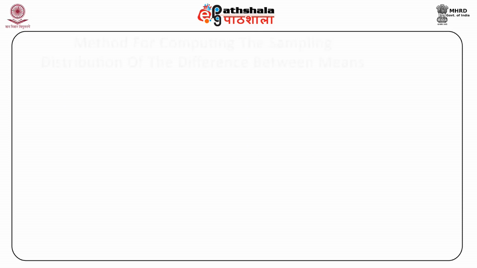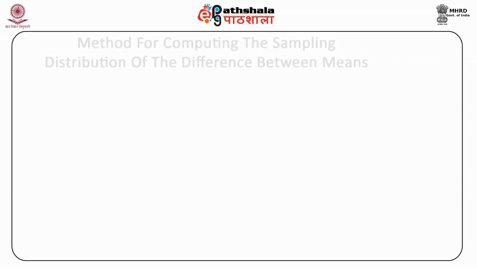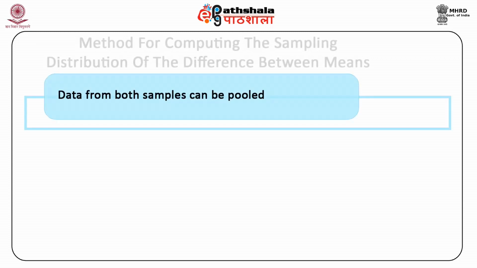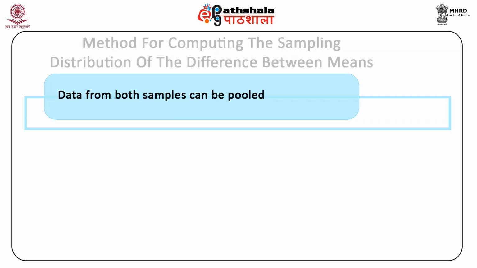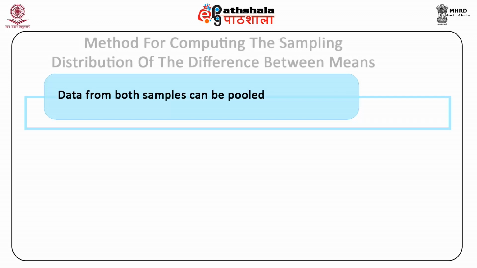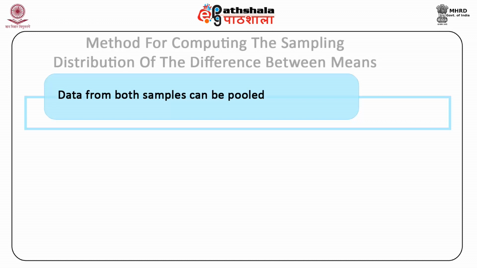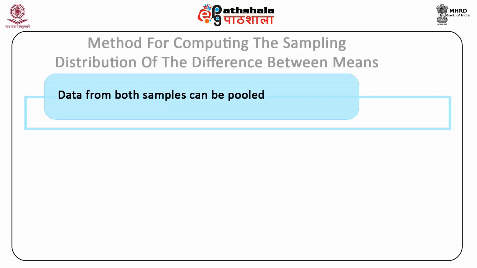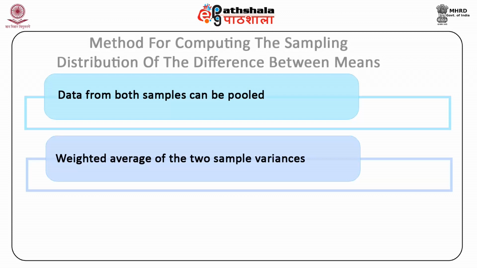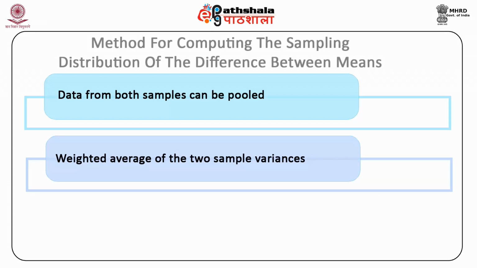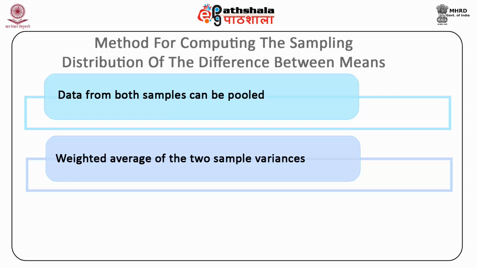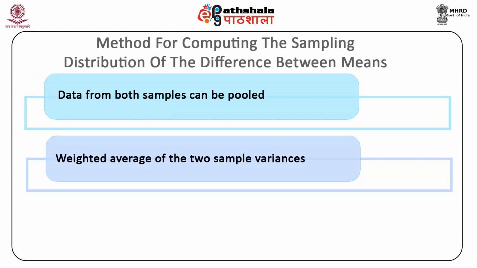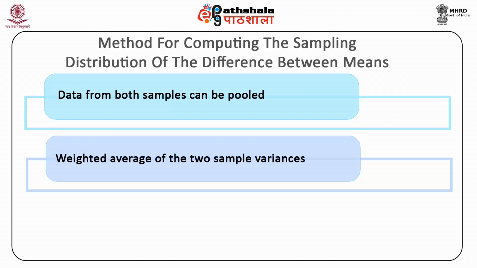But since the populations have a common variance, the data from both samples can be pooled to obtain a single estimate of sigma squared. This is done by computing the weighted average of the two sample variances, where the weights are the degrees of freedom n-1 for each sample.